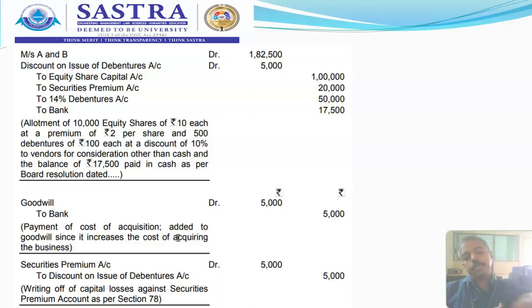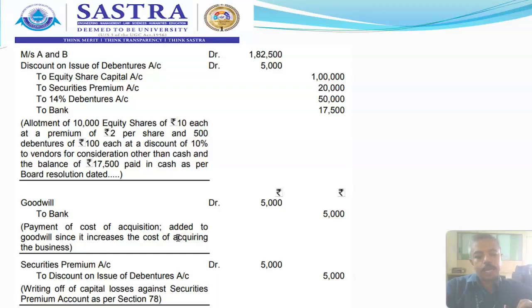The purchase consideration account debited to A and Co account, the purchase consideration amount 1,82,500. Now what is to be focused on? The settlement of purchase consideration.